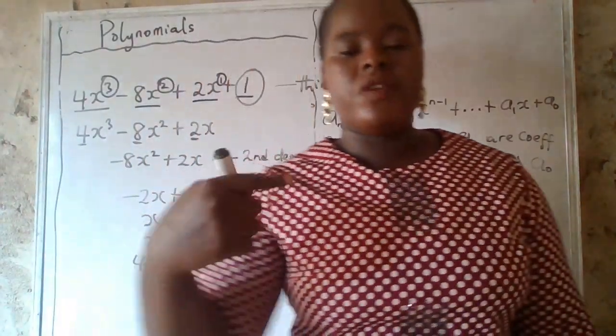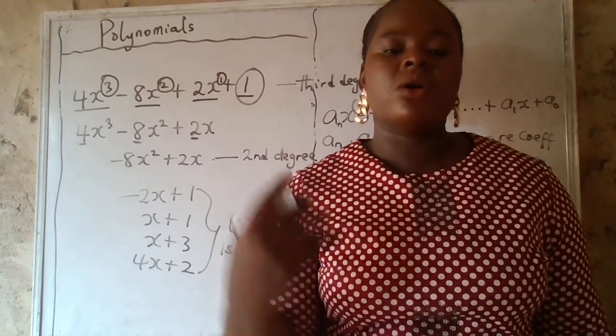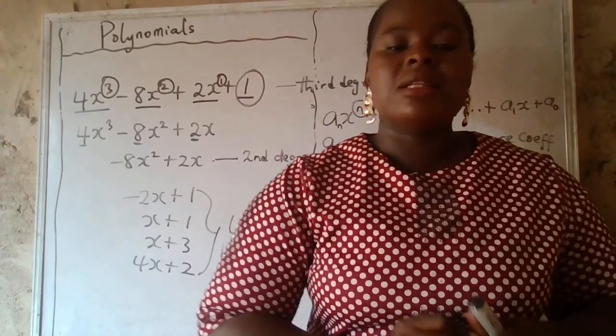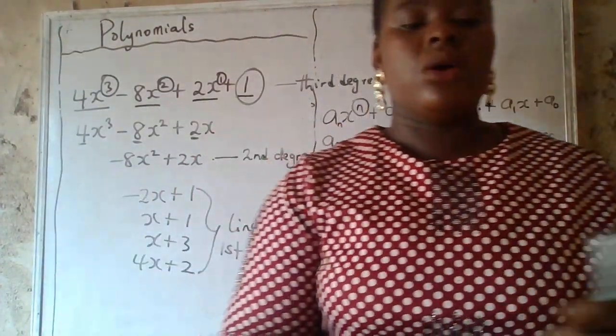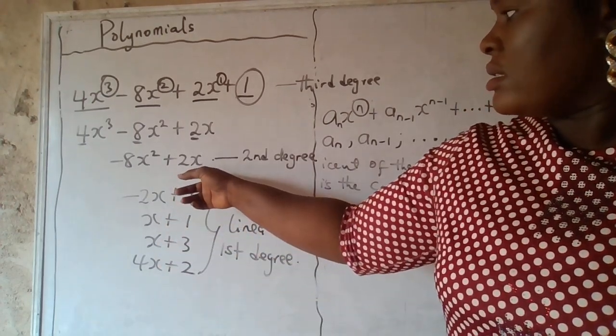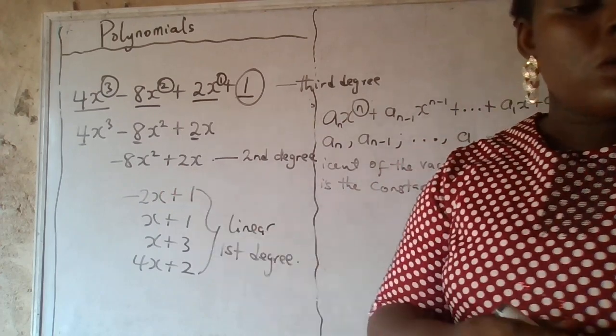I'll repeat again. If the coefficient becomes 0, that term disappears. If the constant becomes 0, that means we no longer have a constant term. For example, when we have this example on the board, minus 8x squared plus 2x.